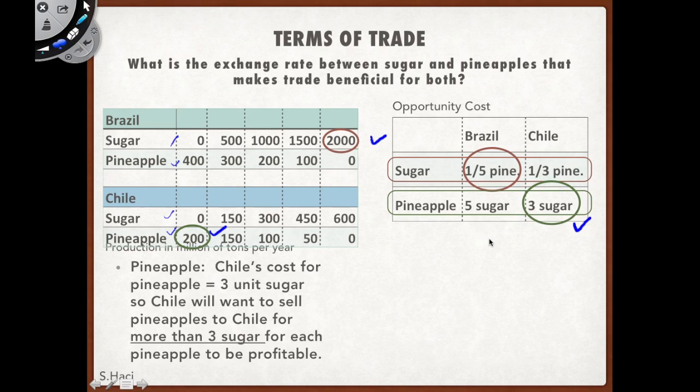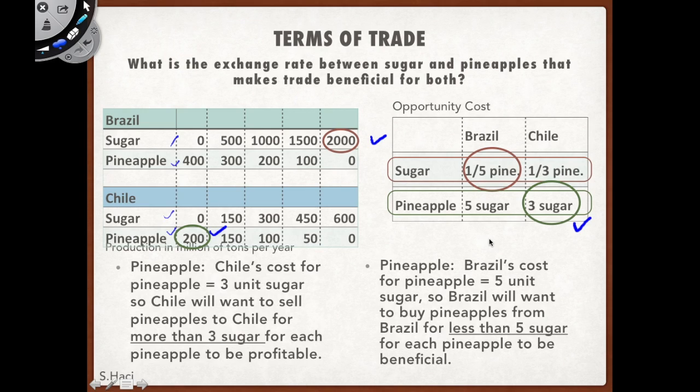On the other hand, when you think about Brazil, Brazil can produce the pineapple for 5 units of sugar. Therefore, they would not want to pay 5 or more, because then they could do it themselves.